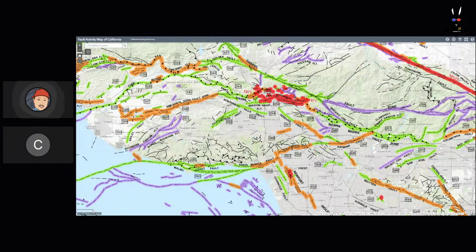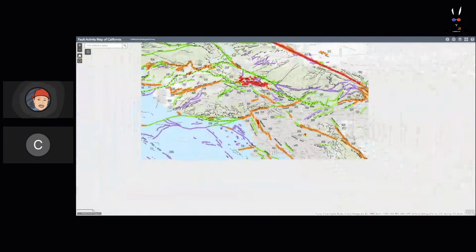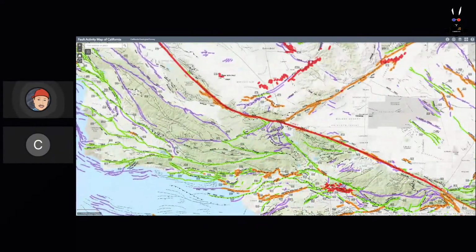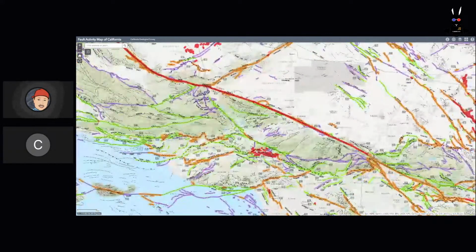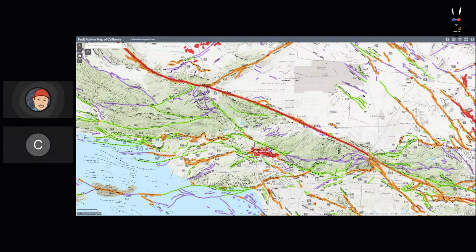In the last 100 years, we've seen several quakes that are in the 7 range. The biggest one was up north, up in here, Tejon, which is on the backside, and that's the Garlock Fault and the San Andreas. That's a 7.5, 7.6 quake up there.